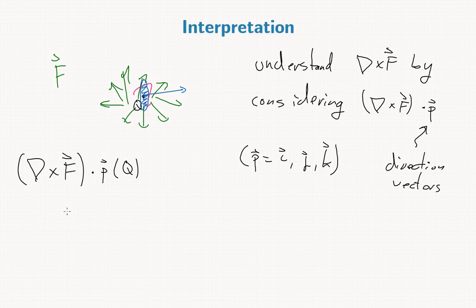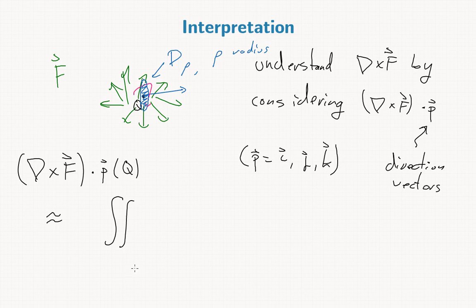So the value at Q will be approximately the average value over that disk. So if we call this D, let's say this is D rho. Rho is the radius of this small disk.